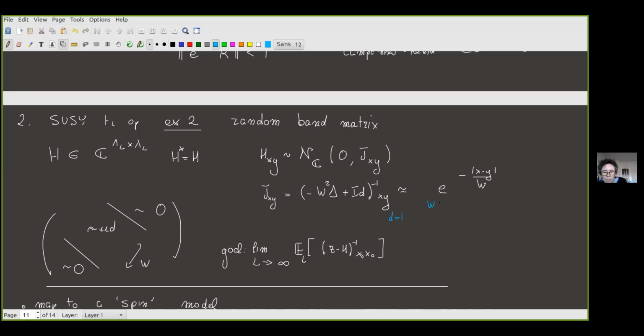If the bandwidth W is larger than the square root of n, then in the limit you obtain linear statistics and delocalized eigenvectors. And if W is smaller than the square root of n, you have localization.